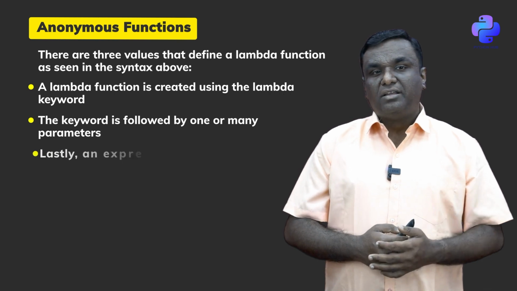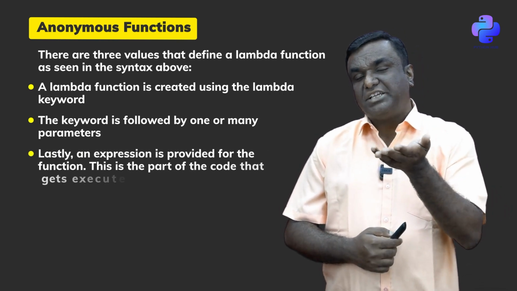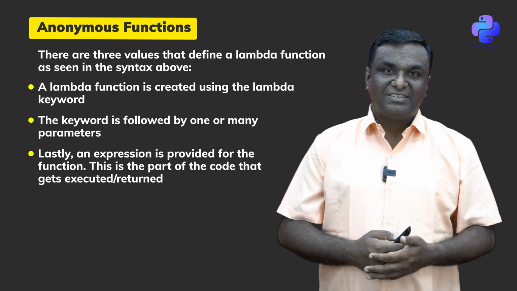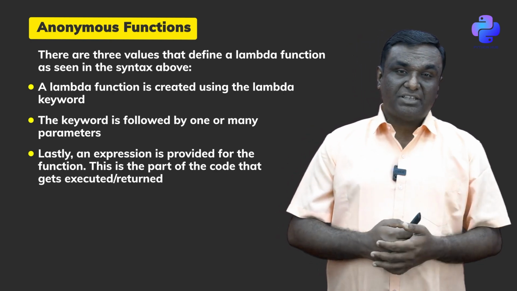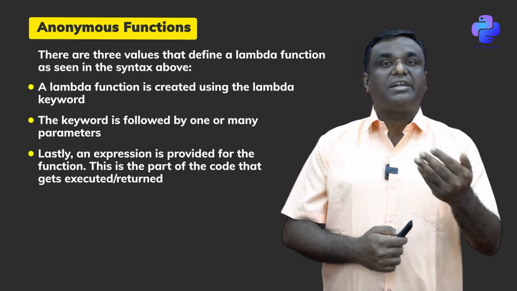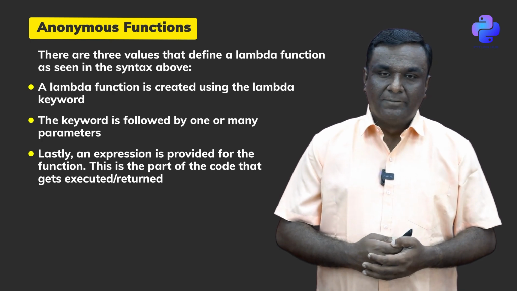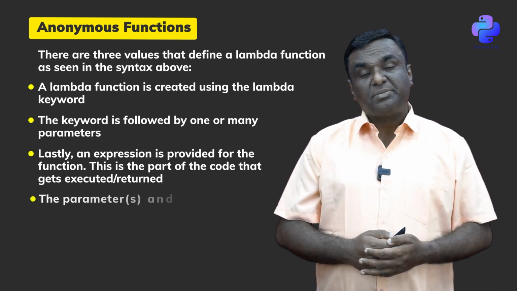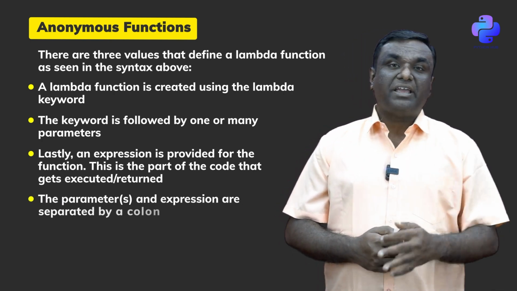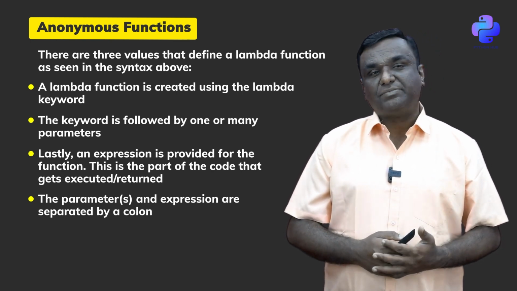The third one is the expression. What is the logic that you want to execute by passing these parameters? So you're defining the expression there. This is the part of the code that gets executed or returned based on the input parameters that you have set. The parameters and the expression are usually separated by a colon. This is the structure of anonymous functions.